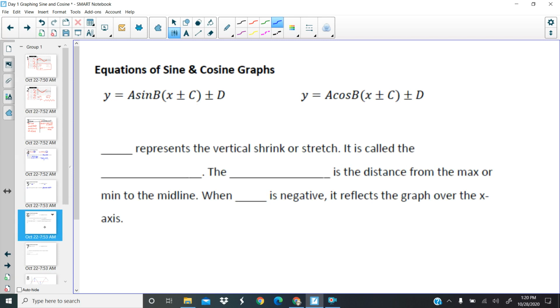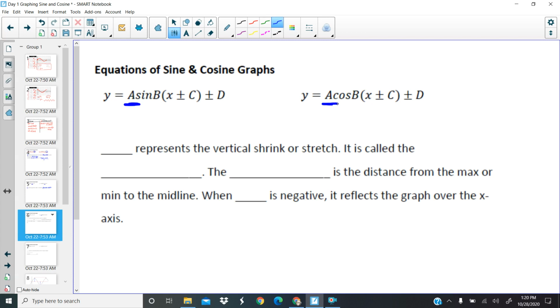The next thing that we're looking at is going to be causing a vertical shrink or stretch. We've looked at this in the past with other types of equations, and what is causing vertical shrinks and stretches is whatever number is in the very front being multiplied by our sine or our cosine.